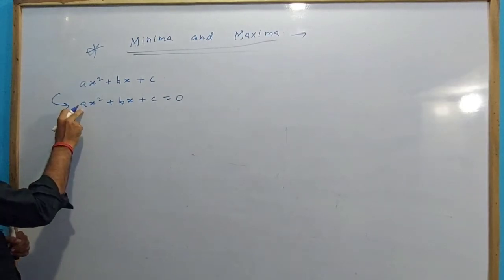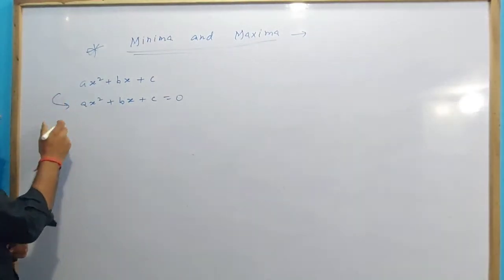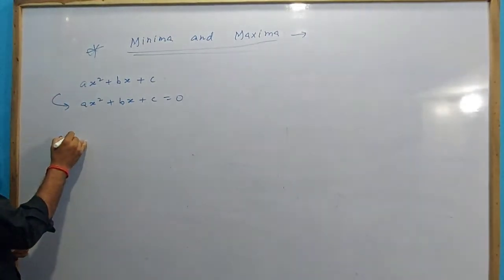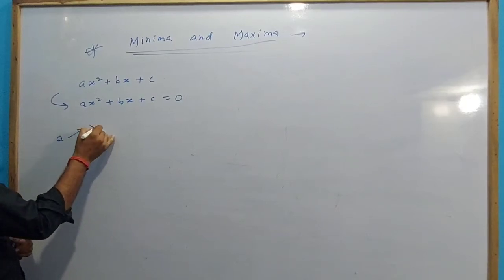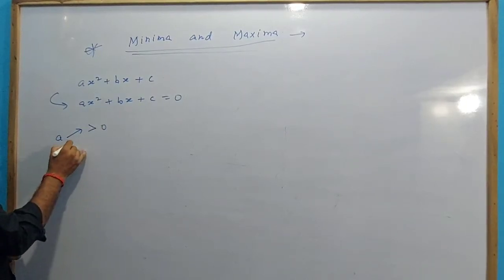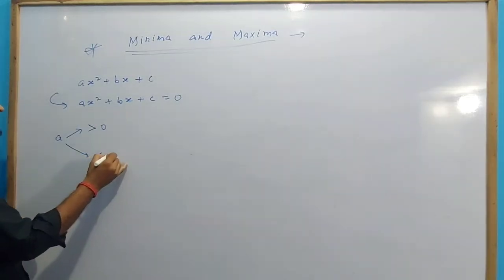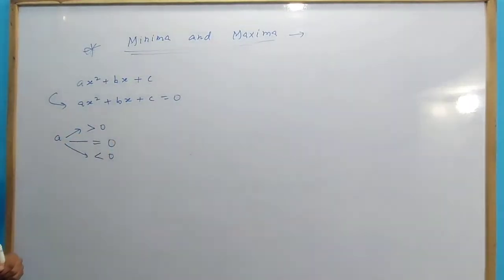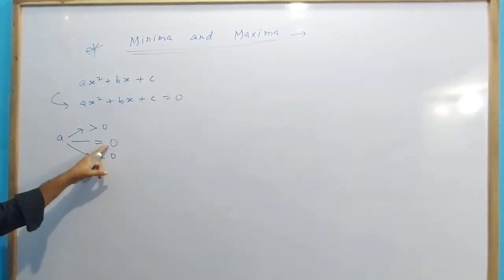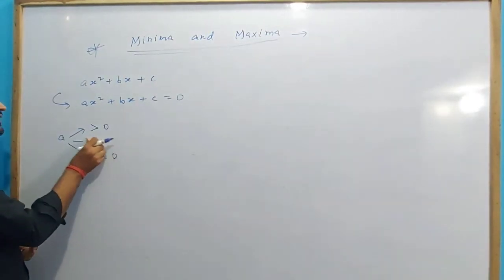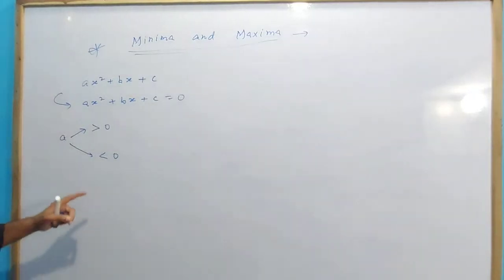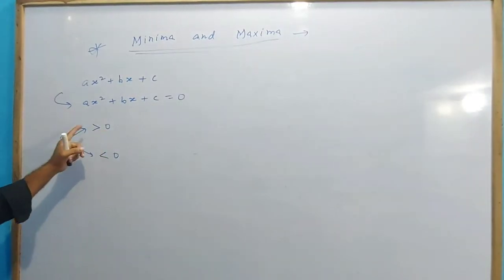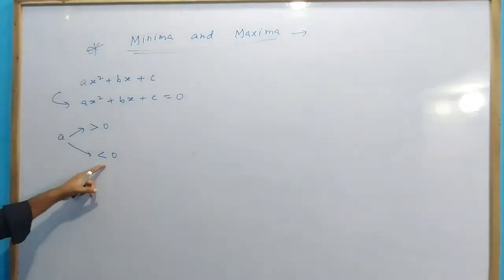You know very well that a will not be equal to 0. So a might be greater than 0, or a might be less than 0, or a might be equal to 0. But the third case, a equal to 0, is not acceptable in the case of a quadratic expression. So either it will be greater than 0 or less than 0.